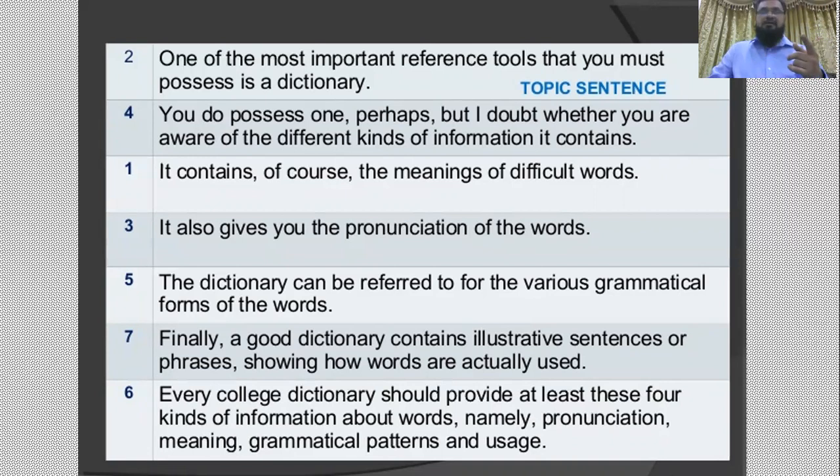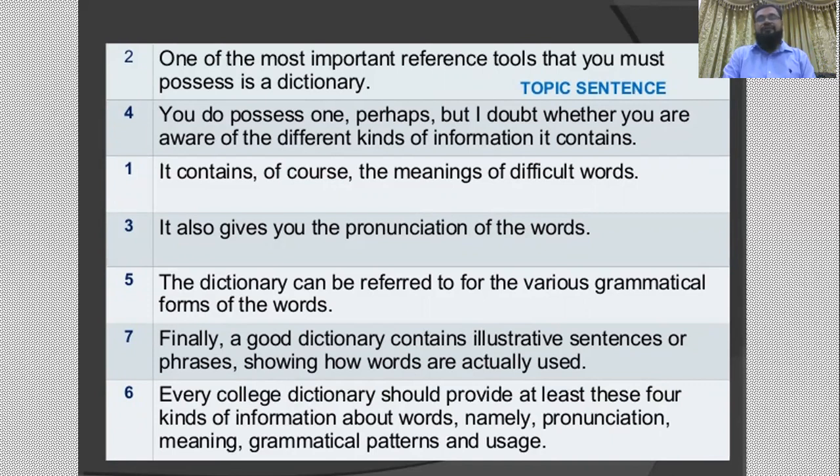So these 7 sentences have been rearranged. I've given you in the left corner the previous sequence of the sentences, but now we have a new numbering, a new arrangement. I want you to feel how the sequence should actually be.